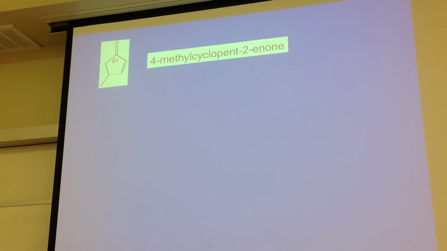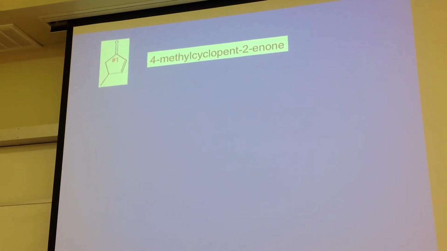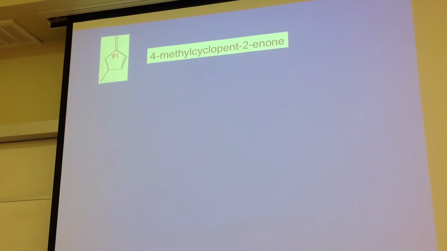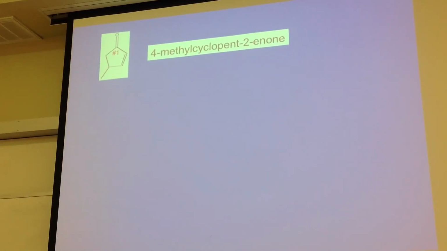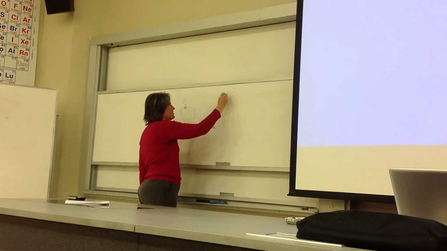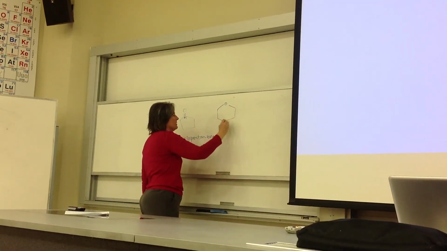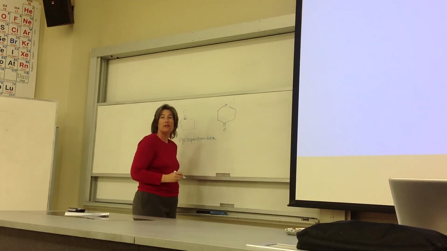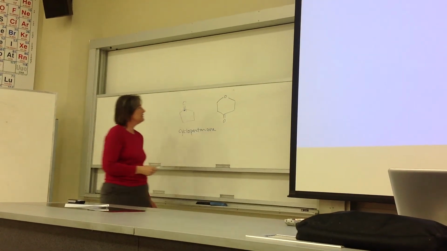Will we ever have the case where we have a cyclic ether with a ketone or aldehyde, like directly on it? Yes, there is that case. Is this what you're talking about, Ben, if you had something like that? What would take precedence?